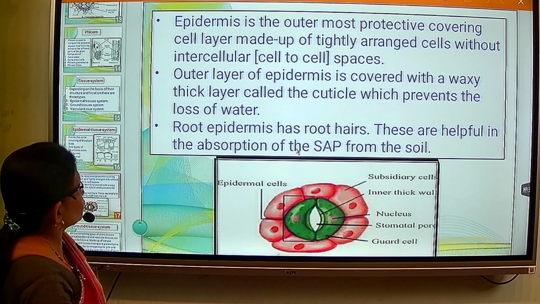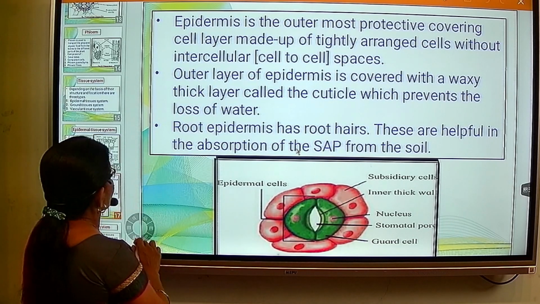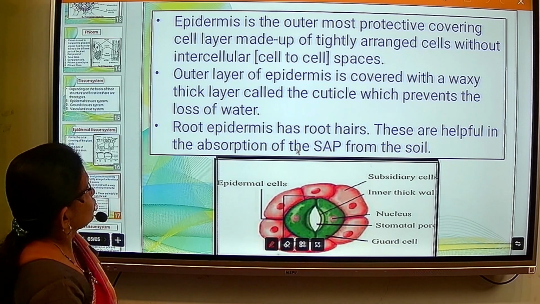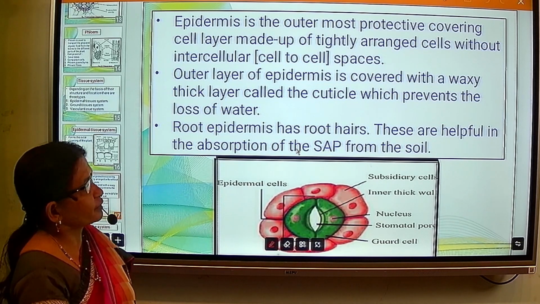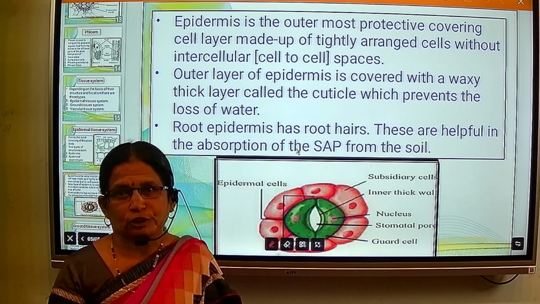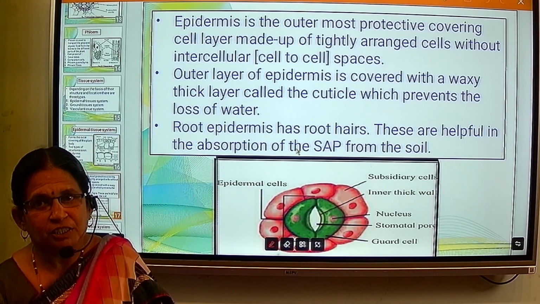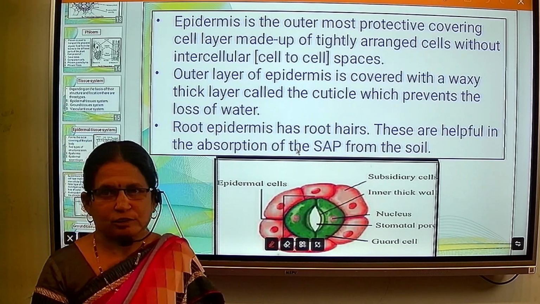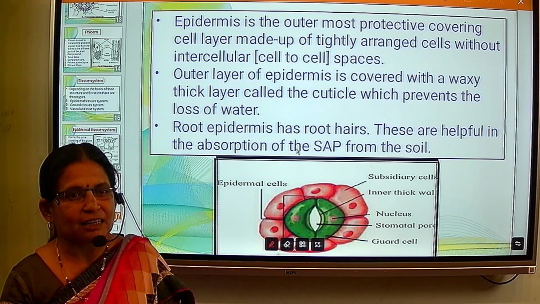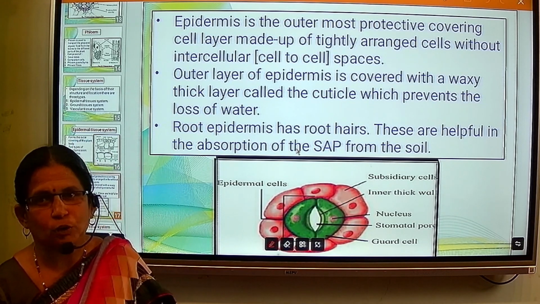The epidermis is the outermost protective covering cell layer made up of tightly arranged cells without intercellular spaces, meaning there is no gap. The cells are joined together without any space.